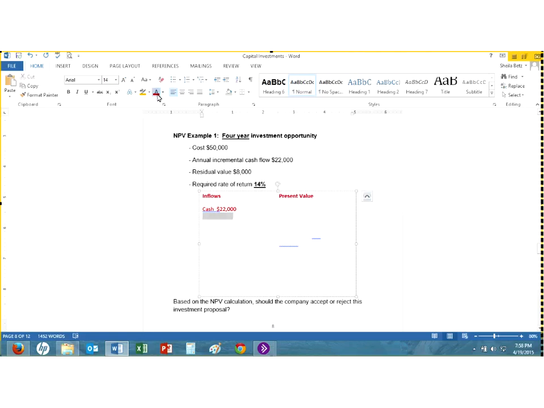Let's go down to the next one. And the next inflow is going to be that residual value of $8,000 that we're going to receive. So these two, highlighted in yellow, are the inflows. So we have those listed.